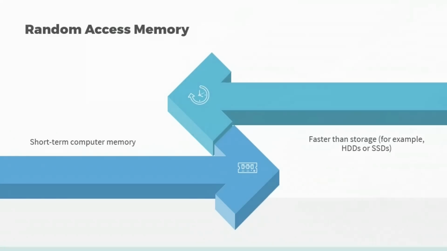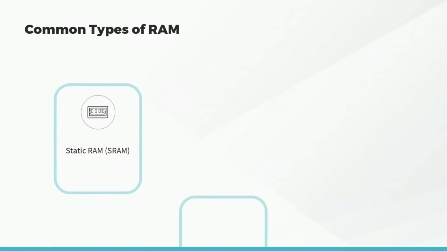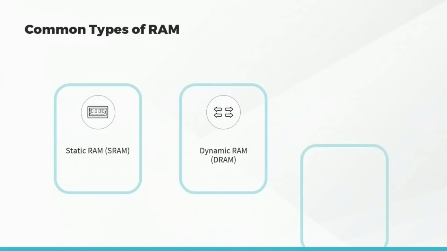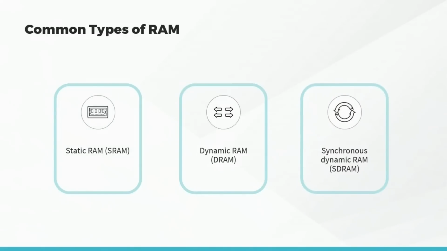There are three primary types of RAM, known as static RAM, dynamic RAM, and synchronous dynamic RAM. Now, both static and dynamic memory are still used as RAM, and both have been in use really since the first PCs were introduced, but the difference between them comes down to their power requirements.